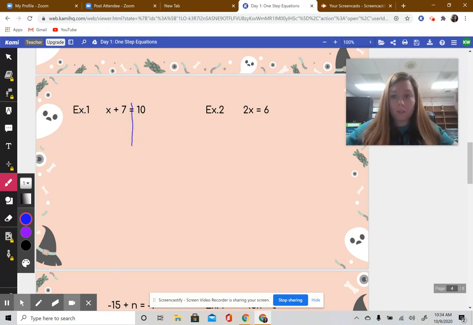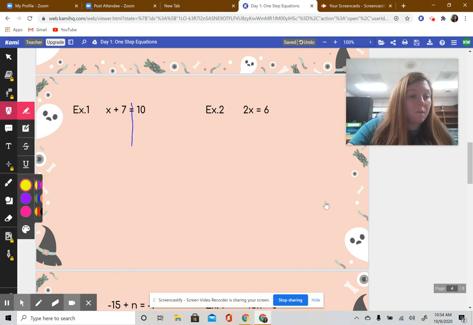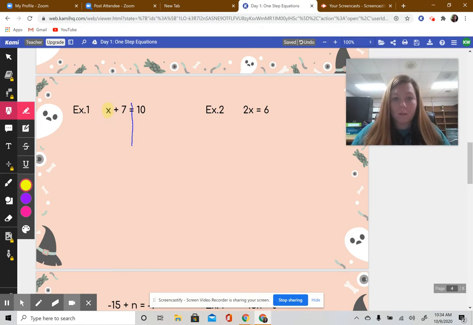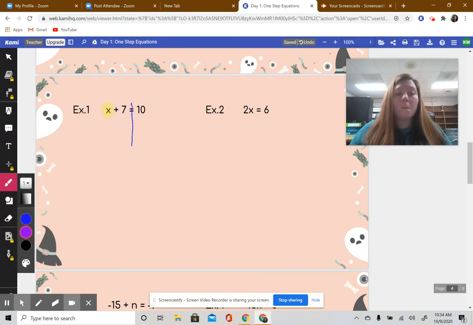This river basically separates the equation into 2 separate parts, the left part and the right part. Our goal is to isolate the variable. So that means I need this x to be the only thing left on the left-hand side.